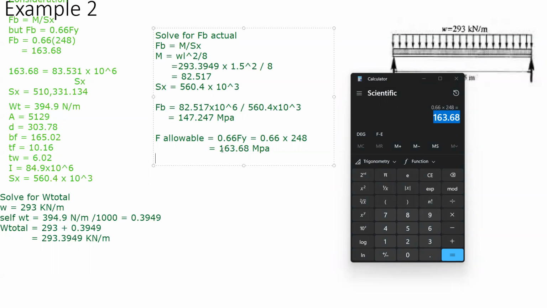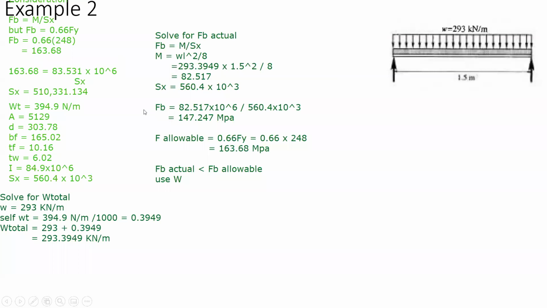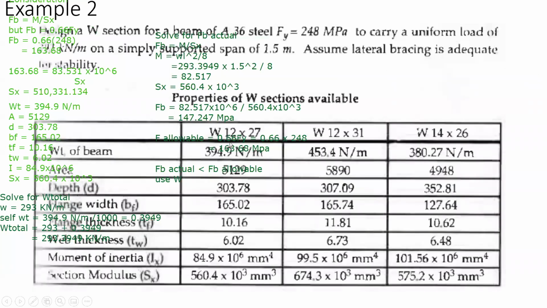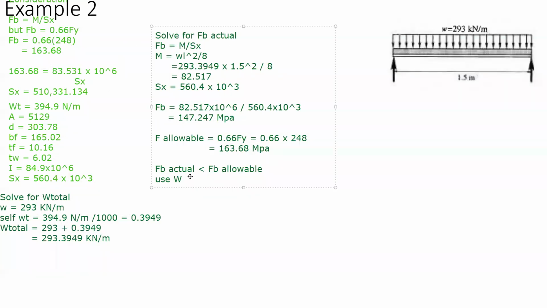And since our FB actual is less than FB allowable, then we can use W12 by 27. Okay, and that is it for example 2.